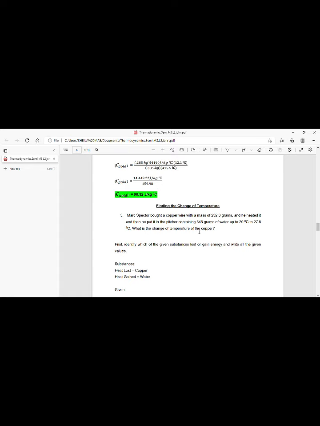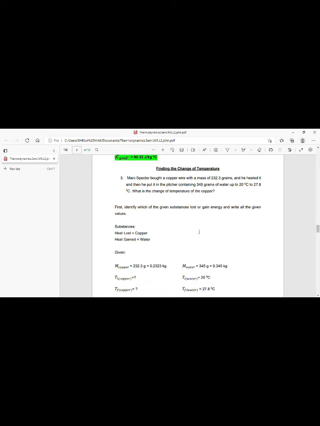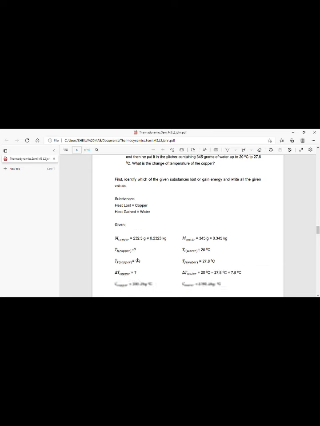So the missing here is the change of temperature, which is the delta T. And then, same as problem number 1 and problem number 2, we are going to find which one lost heat and which gained heat. The copper lost, the water gained.